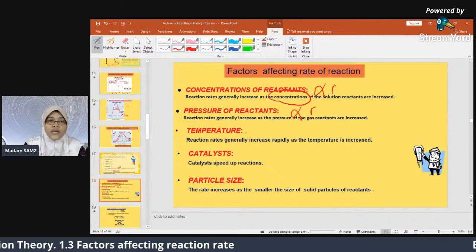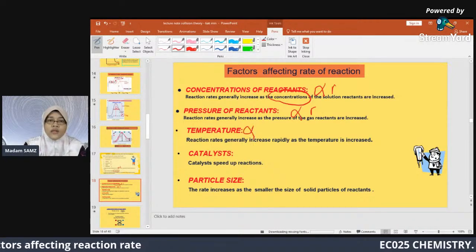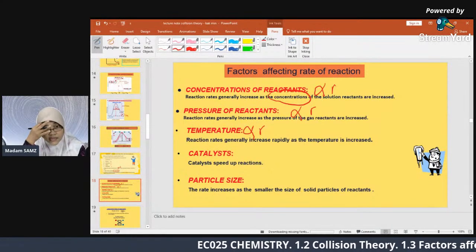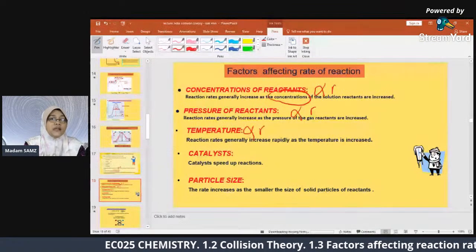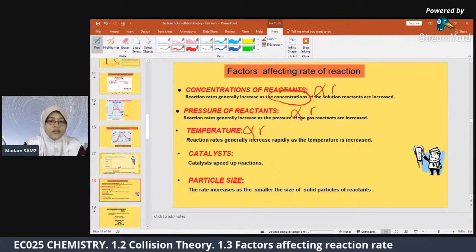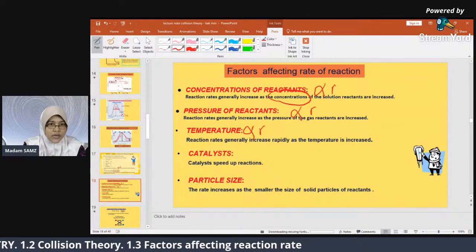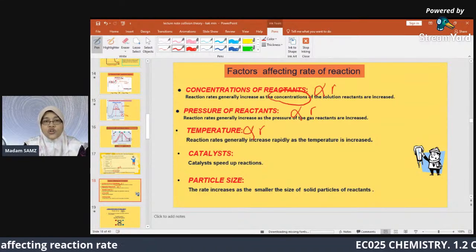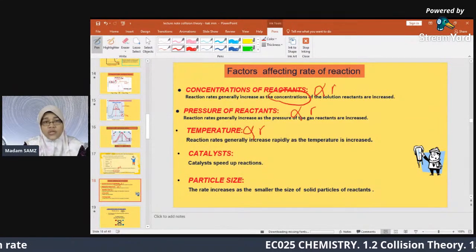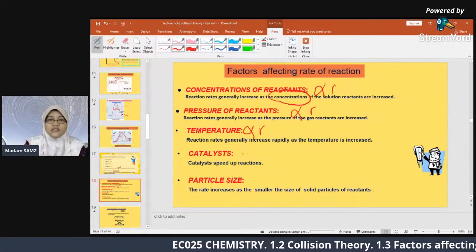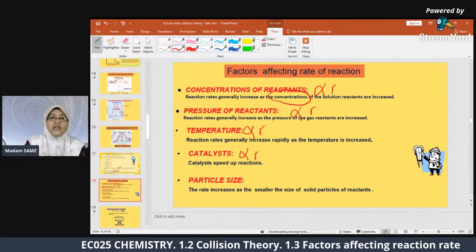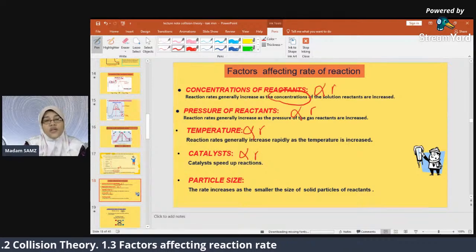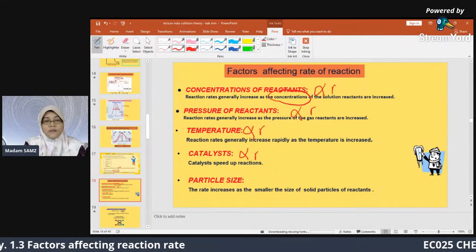So we can conclude that increased temperature will increase the rate of reaction. The fourth one is catalyst. A catalyst will speed up the reaction. It does not double your product. The amount of product formed is still the same. The function of a catalyst is just to speed up the reaction. So this factor is also directly proportional. If you add a catalyst, the rate of reaction becomes faster.